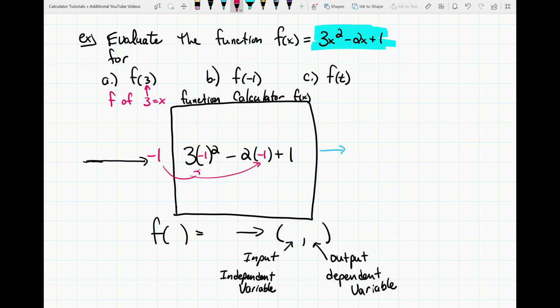Negative 1 to the second power is positive 1. 3 times 1 is 3. Negative 2 times negative 1 is positive 2, plus 1. And 3 plus 2 is 5, plus 1 more is 6. So f of negative 1 equals positive 6. And there's our ordered pair right there.